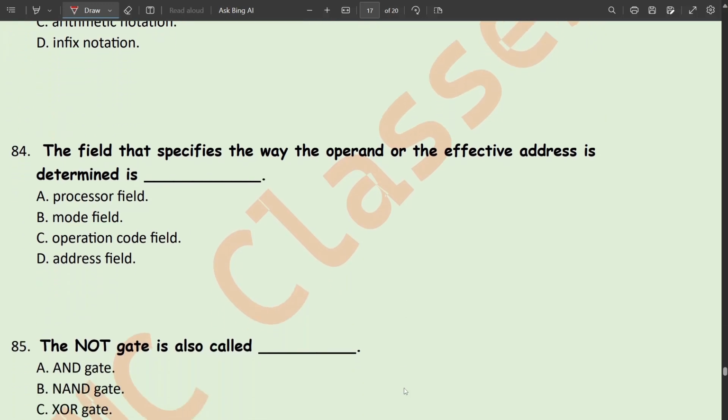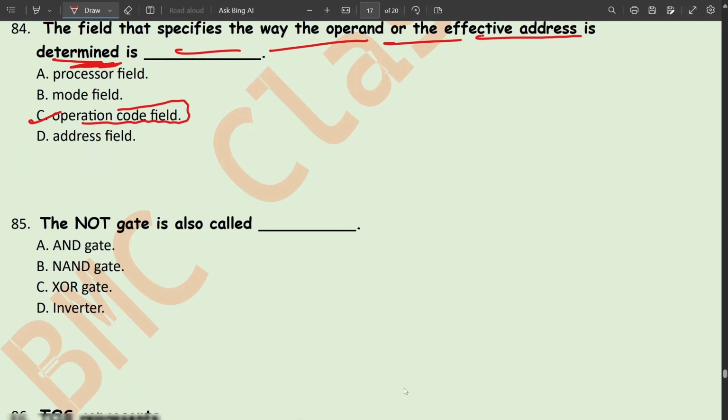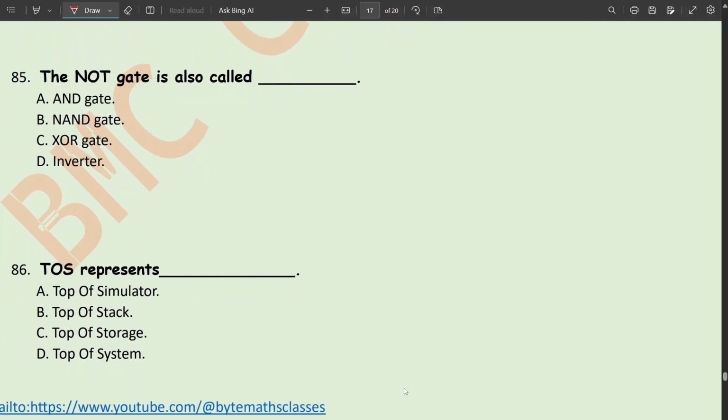Next, the field that specifies the way the operands or the effective address is determined. The correct answer is option number C, operation code field.